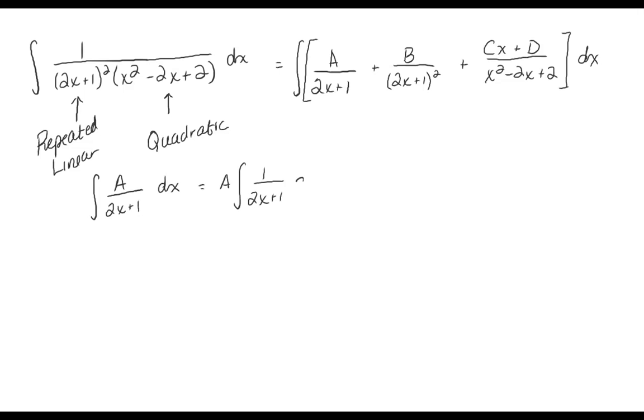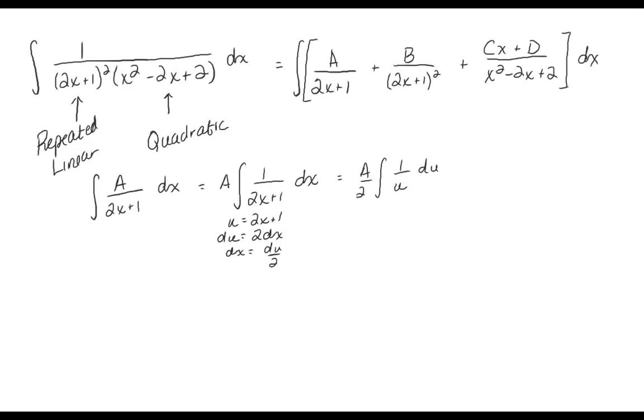Yep. And then I could let u equal 2x plus 1, so du equals 2 dx. And that means dx is du over 2. So this is a times the integral of 1 over u du over 2.